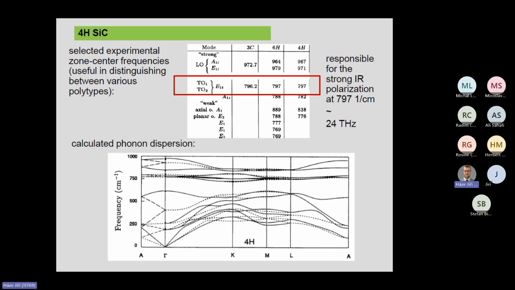So the strongest of these vibrations is at 797 wave numbers here, which is about 24 terahertz. And we see the strong dispersion of these frequencies within the Brillouin zone.